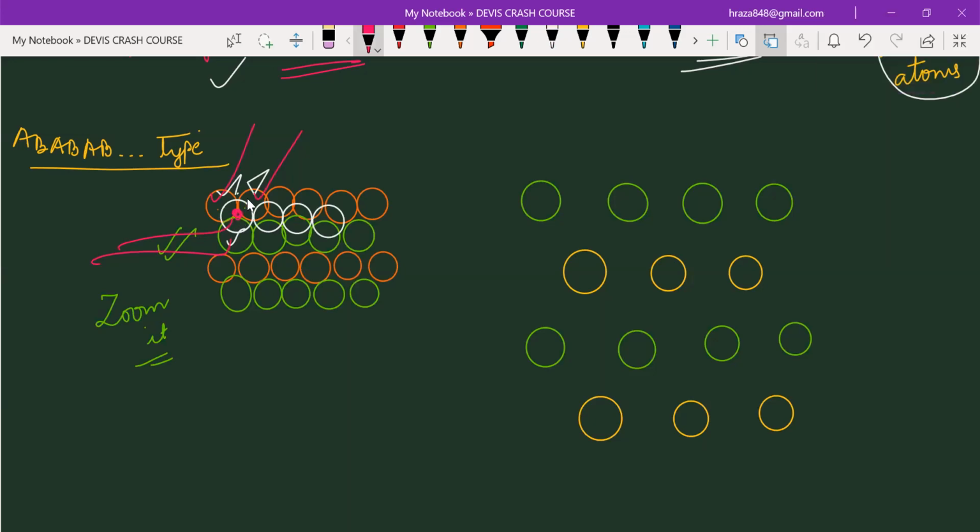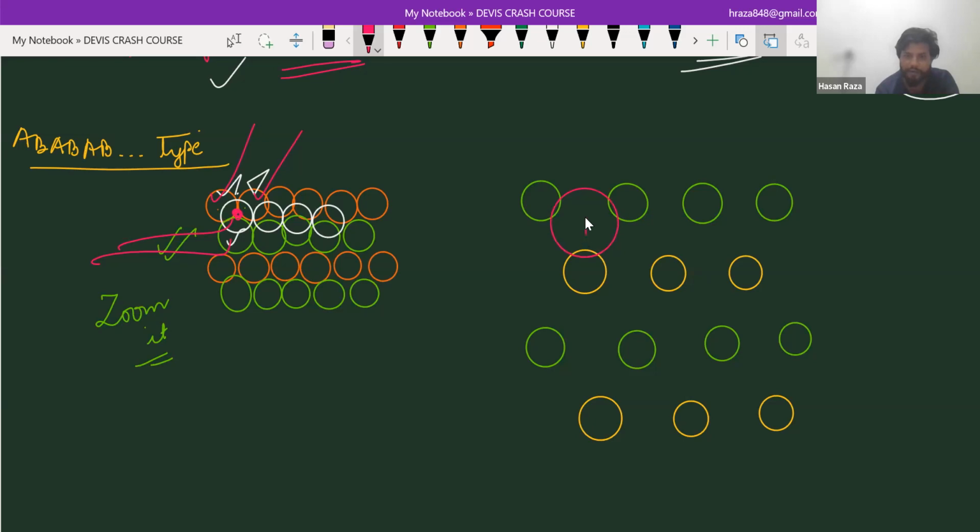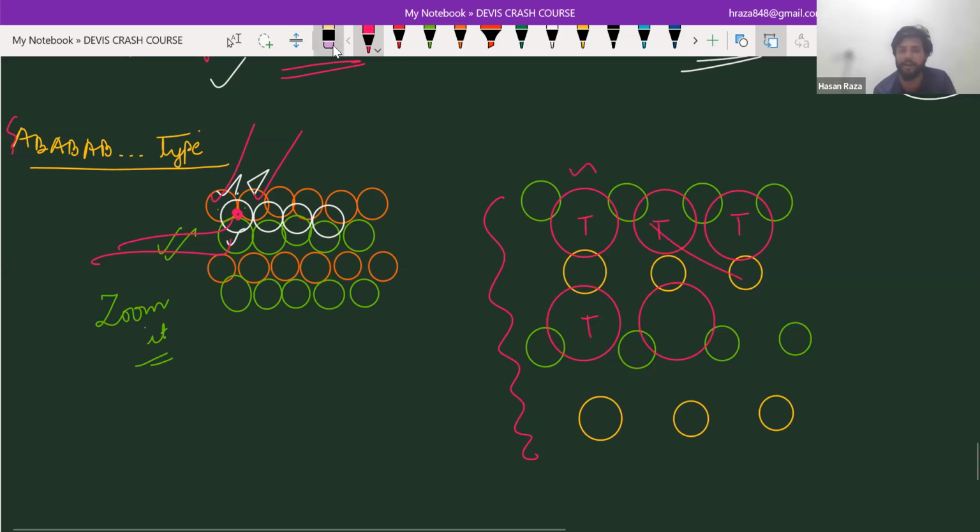This void is known as a tetrahedral void. This is a tetrahedral void, and again in the same way, this is a tetrahedral void. So in 3D packing, the A is basically all these layers and B is basically these tetrahedral voids. Are you getting my point?